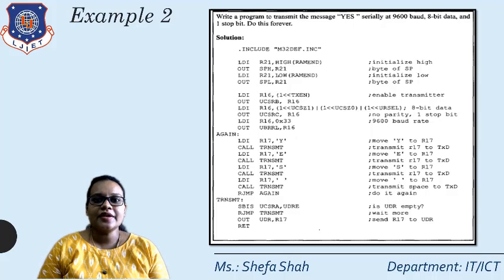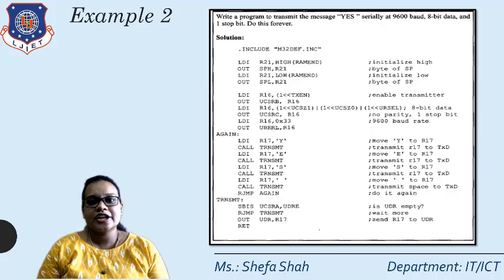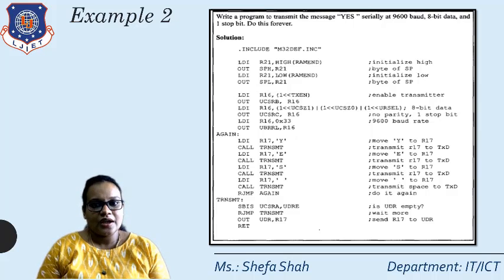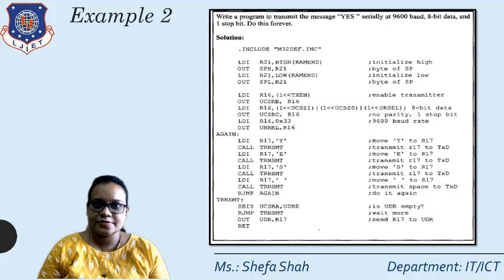Then it will return to the next instruction after the call, that is LDI R17, E. So E will be transmitted, the same process happens, and then S will be transmitted. If YES needs to be transmitted continuously, we give the last instruction RJMP again. So YES will be continuously given to the output device. Clear? This is how you can transfer a whole string serially to an output device.